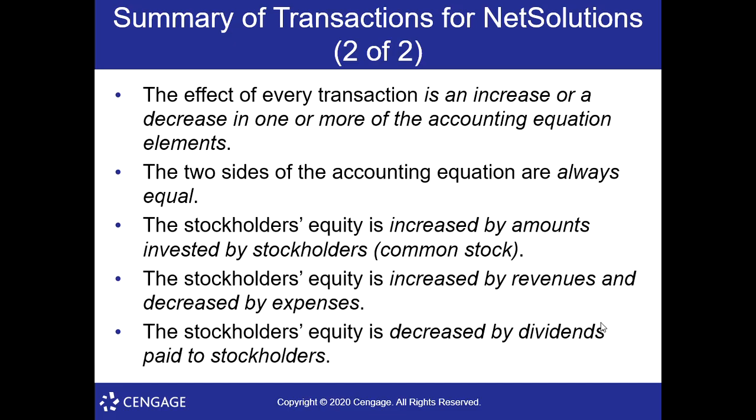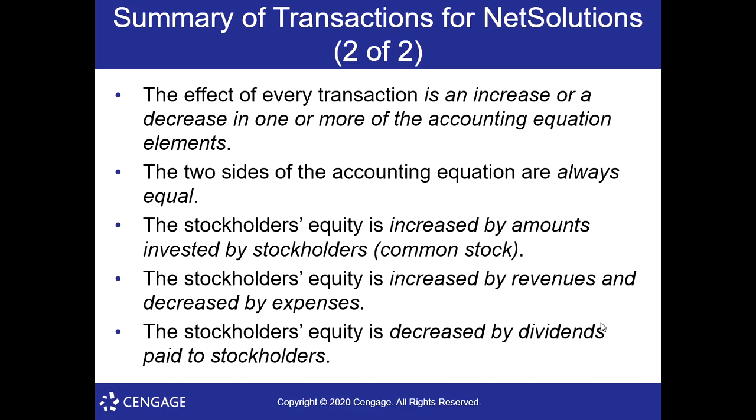So even if we're adding an asset, we're also subtracting the asset, so the net effect is zero. The stockholders' equity can be increased by amounts invested by stockholders. This is a new concept we introduced, and this is called common stock. And then the stockholders' equity account can also be increased by revenues. Our example there was services earned, and we can decrease it with expenses.